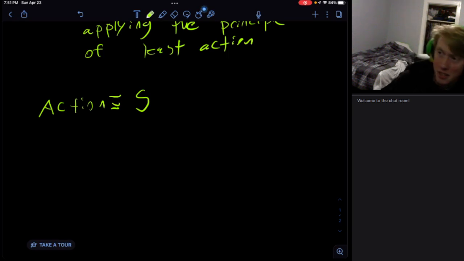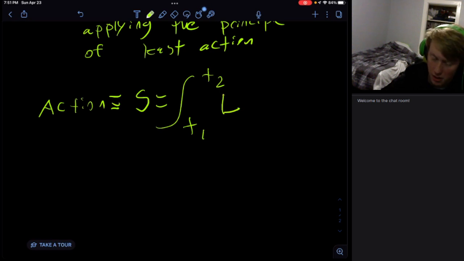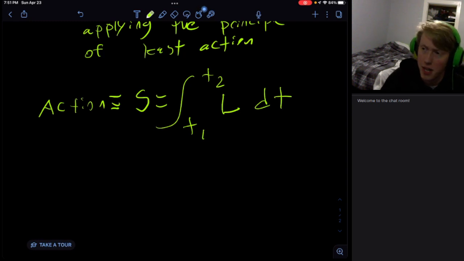Anyway, action is defined as this S, and it's equal to this integral here, from t1 to t2 of something called the Lagrangian, which we denote with the letter L, and we integrate over the entire time domain of the path that the particle is taking.